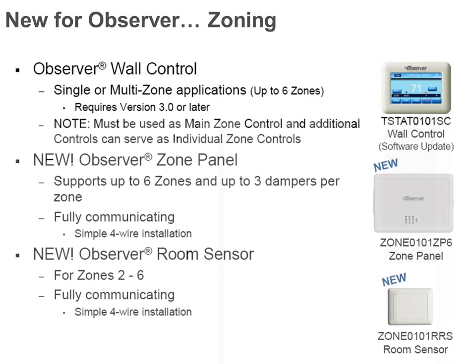Okay, so the Observer zoning panel can handle up to a maximum of 6 zones, and you could theoretically have 3 dampers per zone. Do not be confused and think that 6 times 3 means you can have 18 different control points in the house. That is not accurate. You can have 6 zones, so 6 different thermostats and or sensors on the wall. Ideally each zone would only have 1 damper because that would be the least expensive thing to install.